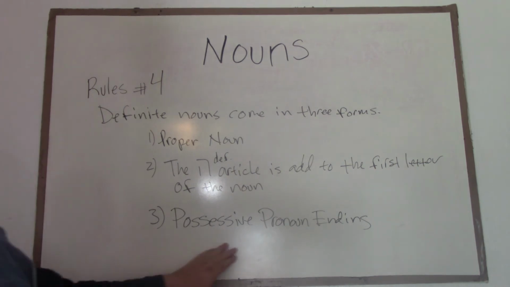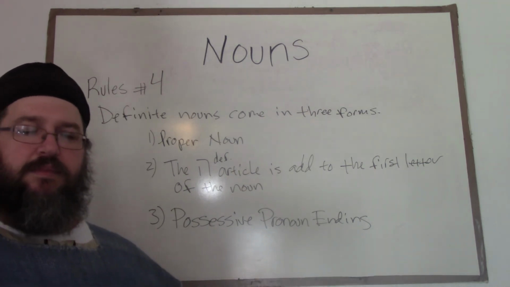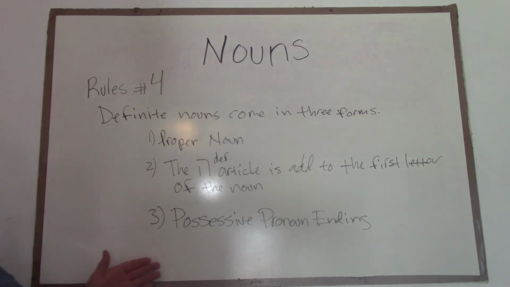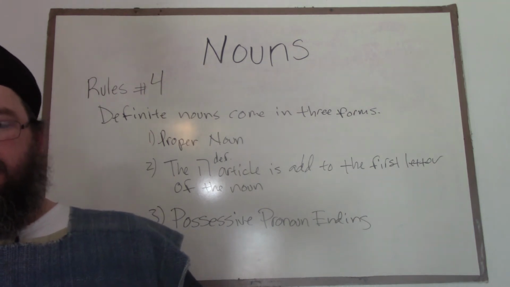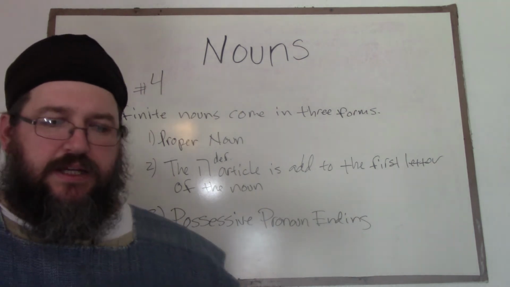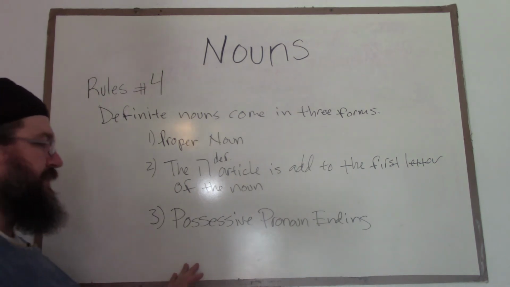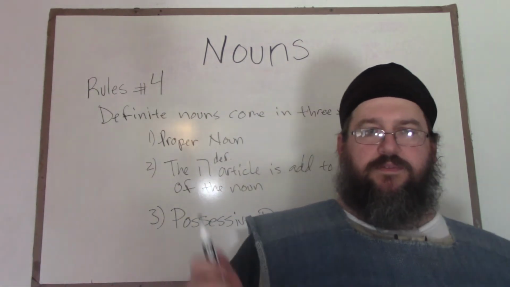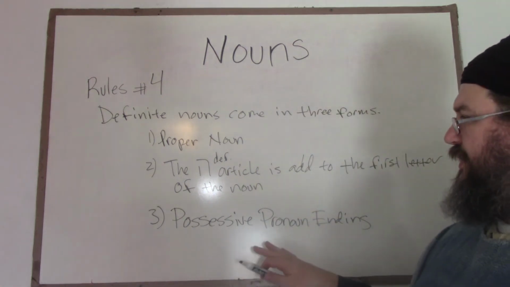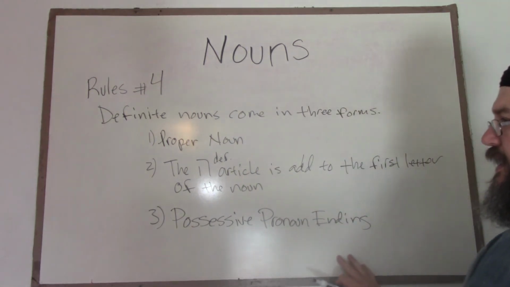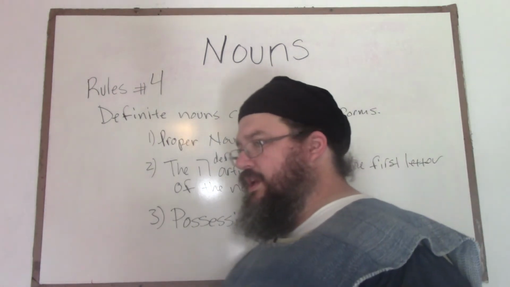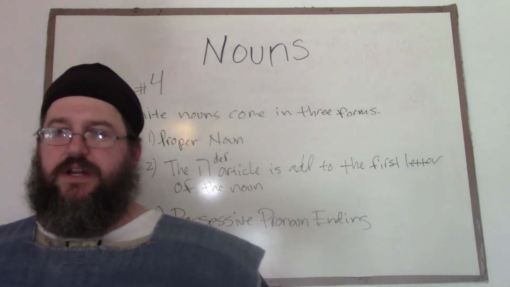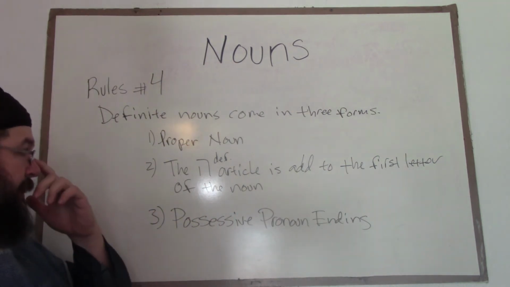So if I have a possessive pronoun ending, that means that the pronouns which are attached to the end are going to make my noun definite. I'm not going to give you the possessive pronoun endings. You can go to my video, in which I go in depth and show you the possessive pronoun endings. But this is the rule. So if you know the rule, then you know you have a definite noun based upon these 3 rules.